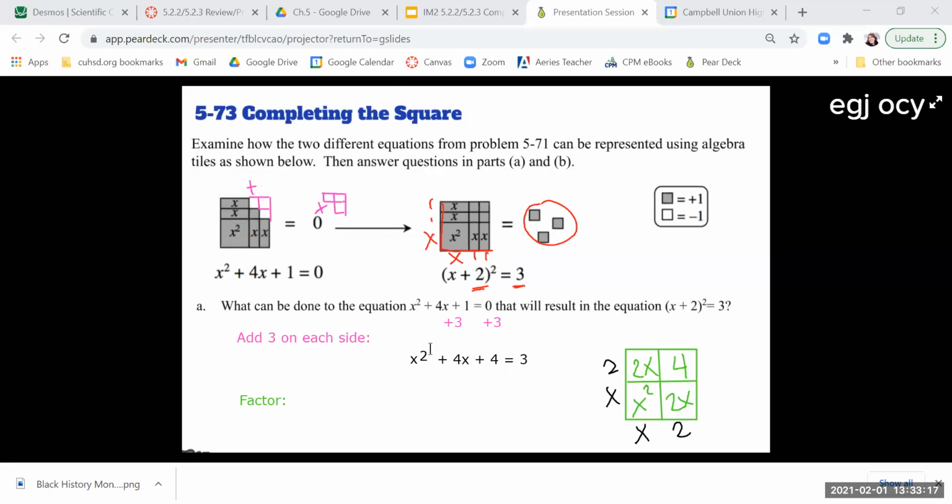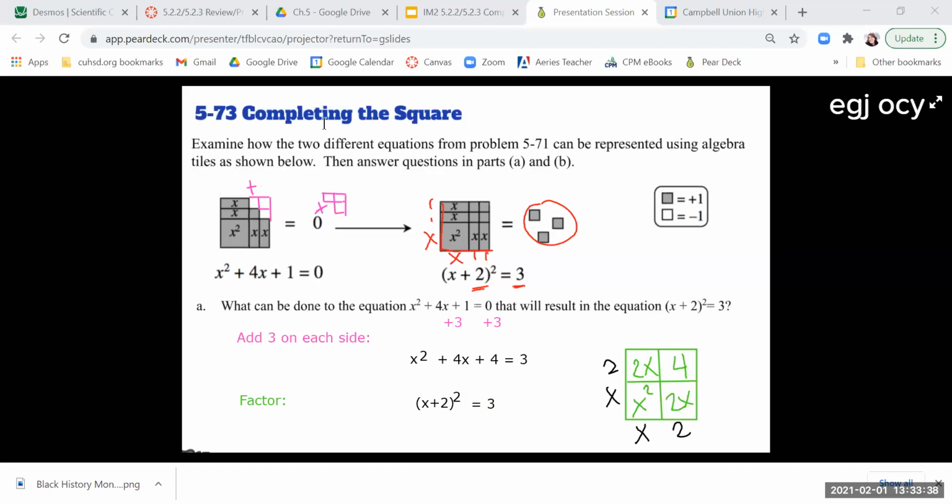So when we write our answer now, it should look like x plus 2 times x plus 2, which can also be written like this, x plus 2 squared, and that's equal to 3.